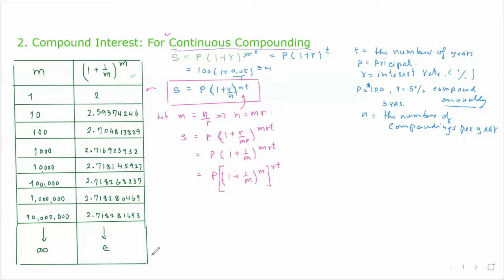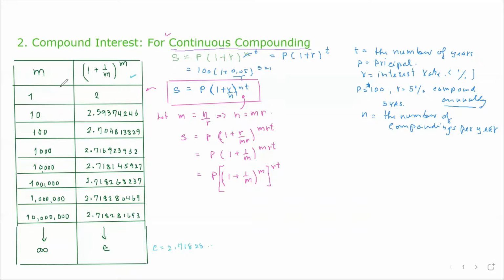Natural logarithms means base e. And then we know e is equal to 2.7182 something. Okay, that is from this table. So then you can see from this, if 1 plus 1 over m, the whole thing to the power m.